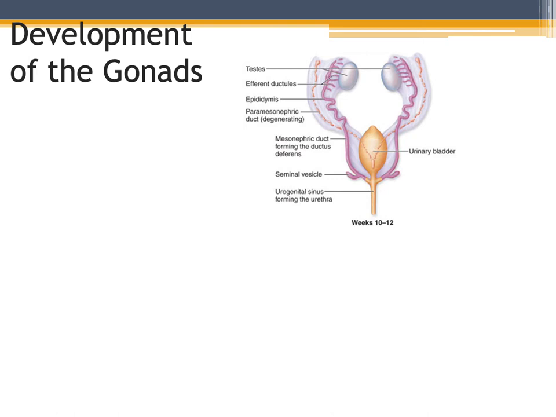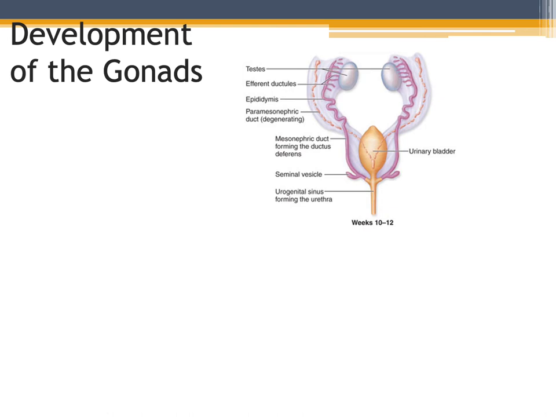And this leads to differentiation of the gonads and the integration of the efferent ductules into the developing testes. Now, the mesonephric ducts are going to undergo atrophication. As they undergo atrophication, they're going to change a little bit in terms of their orientation.